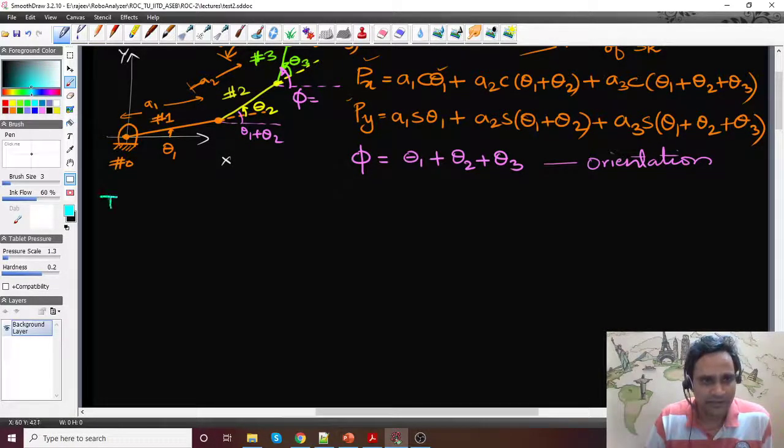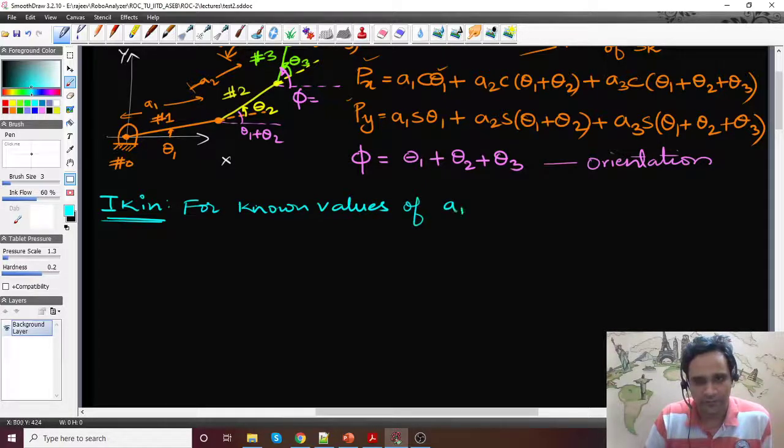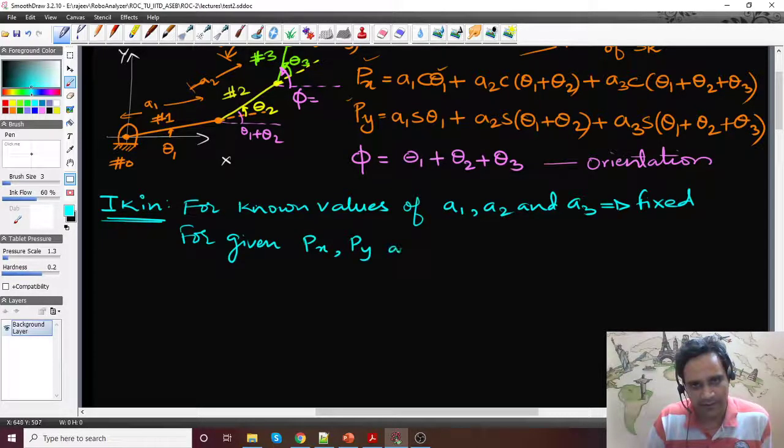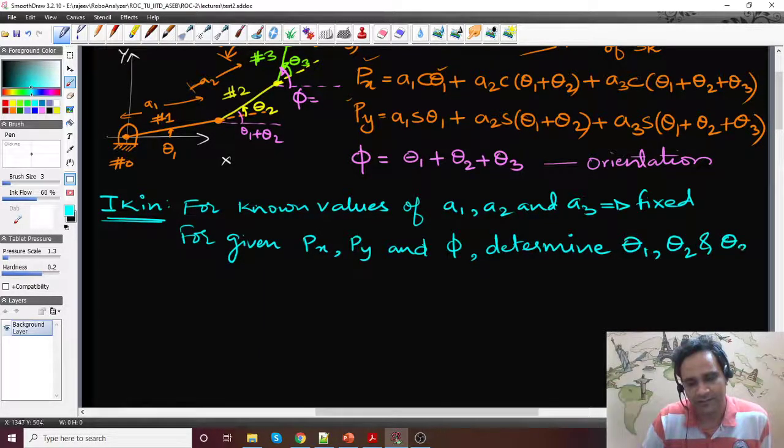Now let us look at inverse kinematics. That is what this video is about. Inverse kinematics is for known values of A1, A2 and A3, which are basically fixed parameters, and for given Px, Py and phi, determine the joint angles, that are theta 1, theta 2 and theta 3.